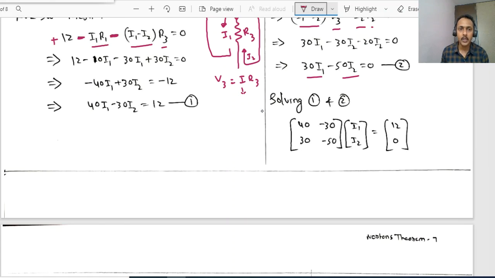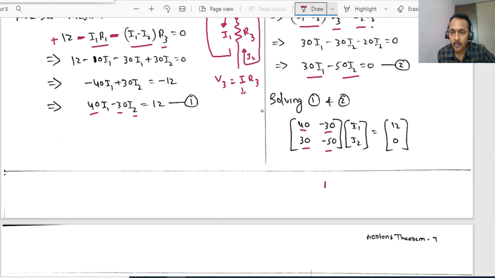What are the coefficients of the first equation? The I1 coefficient is 40, and the I2 coefficient is minus 30. From the second equation, the I1 coefficient is 30 and the I2 coefficient is minus 50, right? Multiplying with I1, I2, equal to 12, 0.